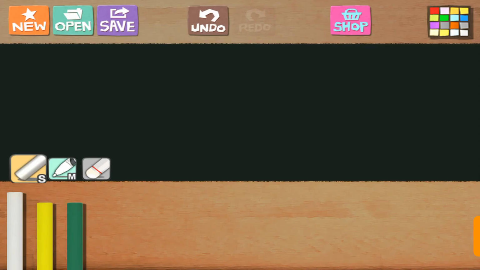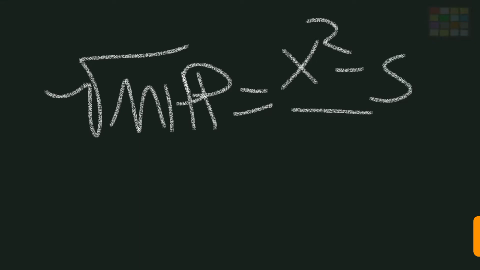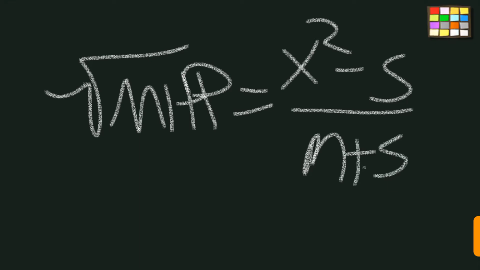What happens is we're going to take the square root of Mad Hatter's problem, which is equal to all this, is equal to an x squared minus an s. We're going to go ahead and do a minus s on both sides, and that's plus s. I don't care anymore.